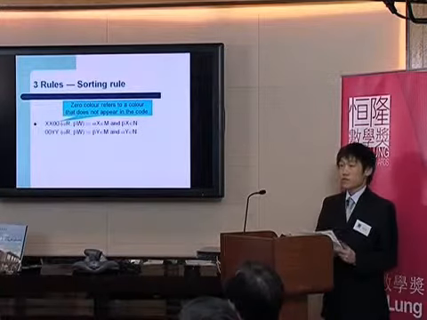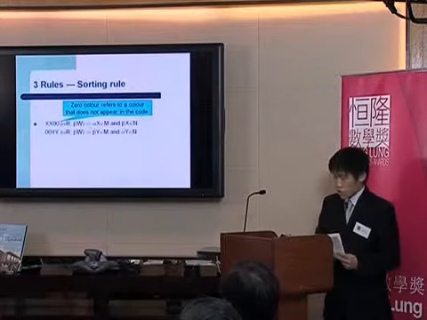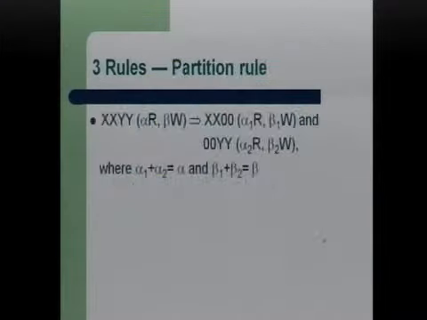Now, let me introduce 3 rules. Sorting rule states that if our trial is in this form, then we know that there is alpha x in Group M and beta x in Group N. Here, the color 0 refers to a color which is known as not appeared in the code. The second one is partition rule.